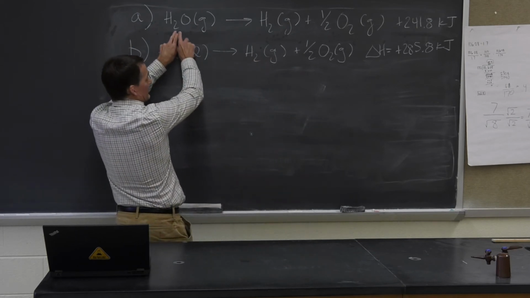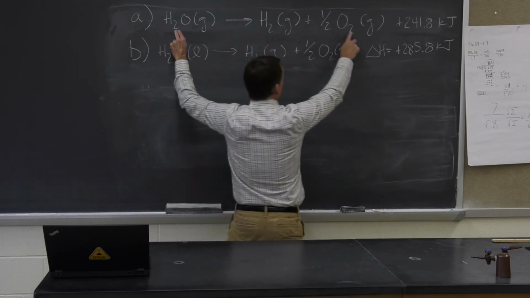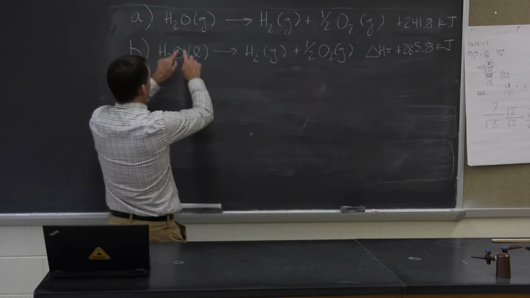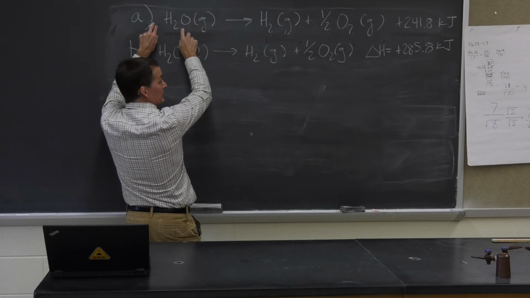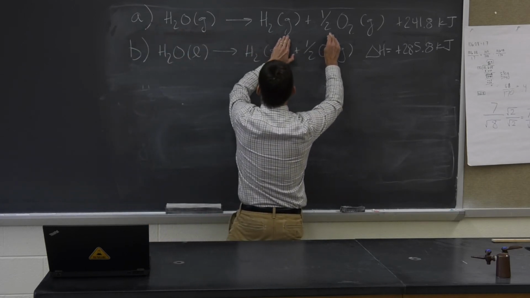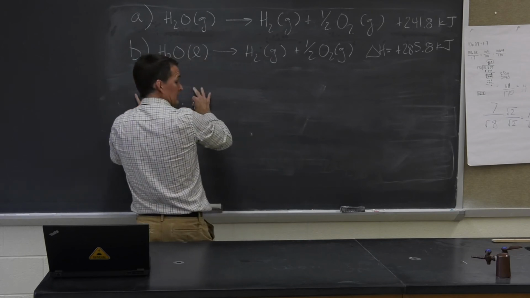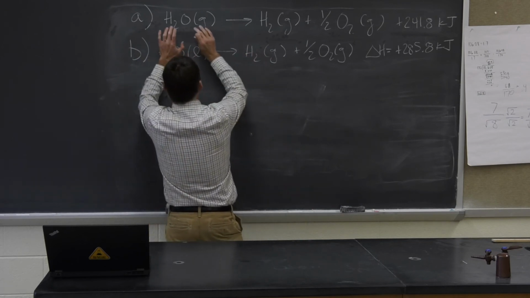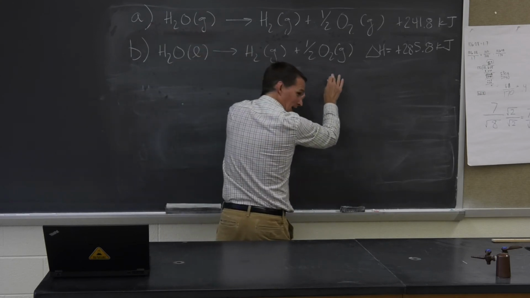What I'm going to do is take this first reaction here and reverse it. So let's just do that. If I reverse reaction A, that means I need to take these products and put them on the reactant side, and take this reactant and put it on the product side.